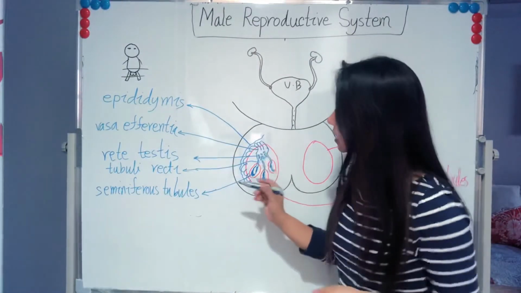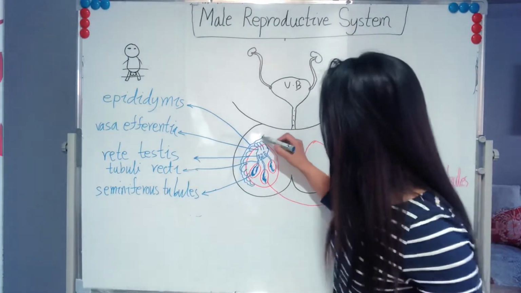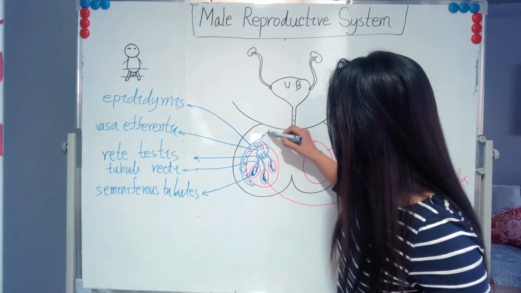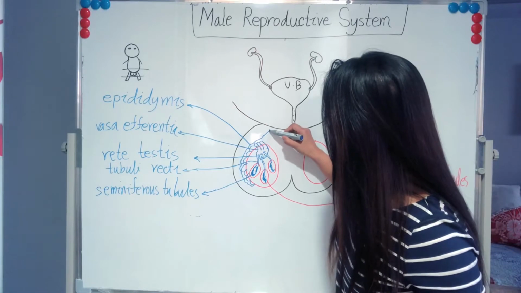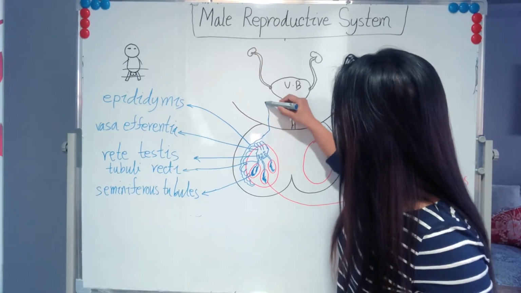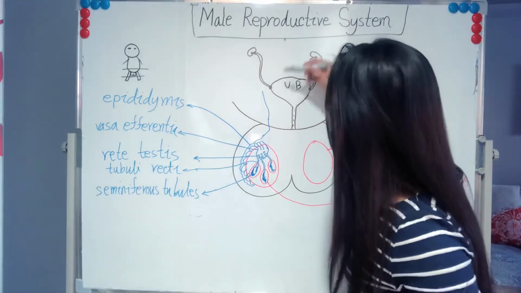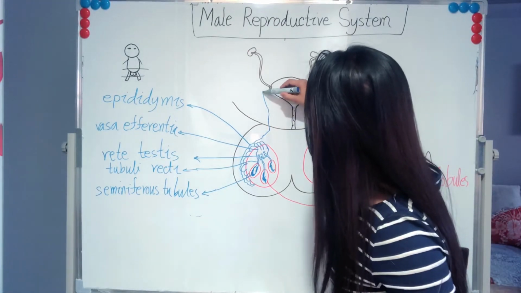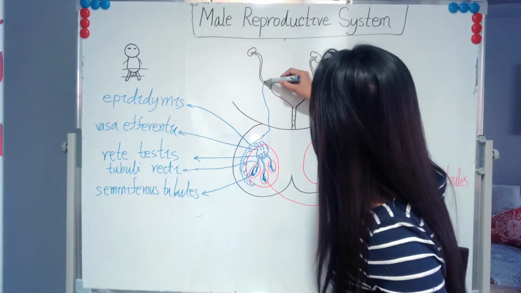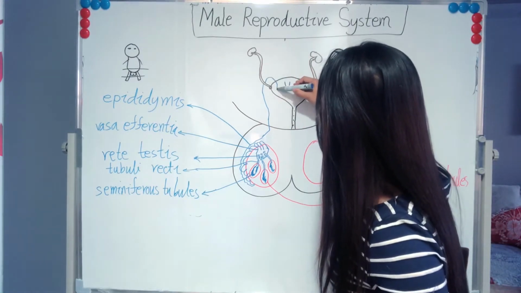Then this epididymis goes up as vas deferens and transports sperm outside the scrotum, goes like this, and goes behind the urinary bladder, looping over the urinary bladder like this.